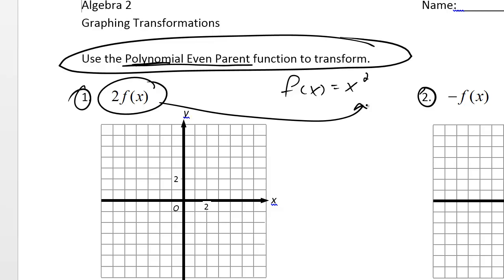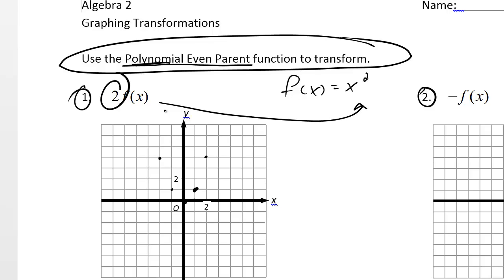So let's go ahead and just plot our parent function first. Okay, so 0, 0, 1, 1, 2, 4. Now we have our parent function, and we have this 2 on the outside of our function notation, meaning we're multiplying our function notation by a number larger than 1.